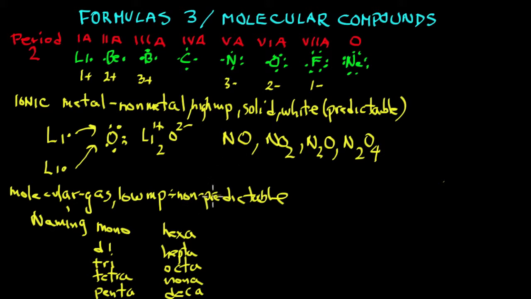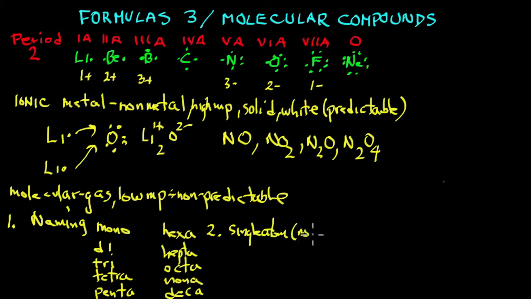So here's how we name them. First rule, we look at the first one, NO. This is called nitrogen monoxide, 1 atom. Now, why is it called nitrogen monoxide? There is a rule. The rule is, if it starts with a single atom, you don't use mono.